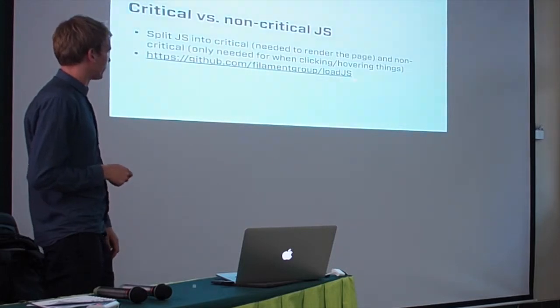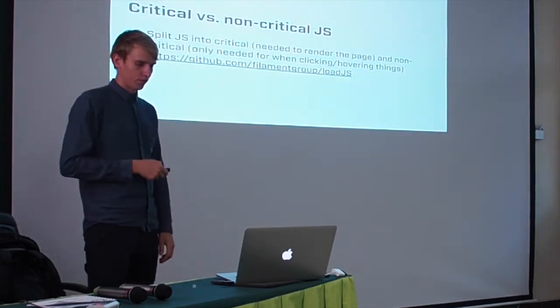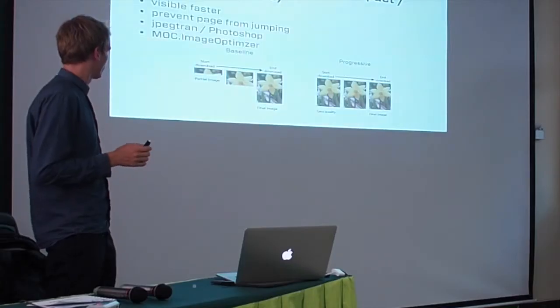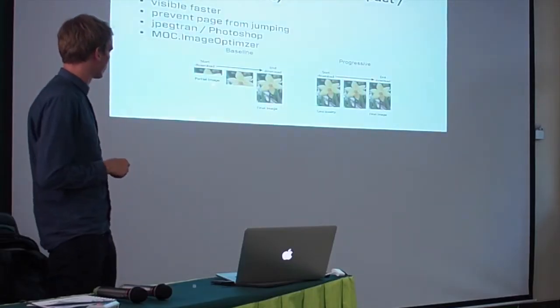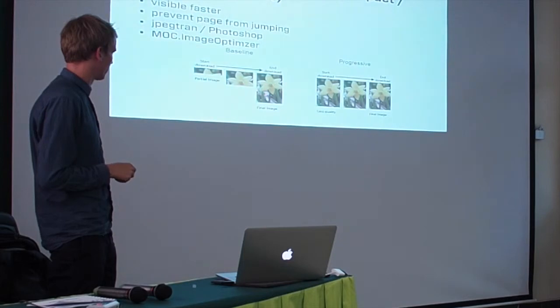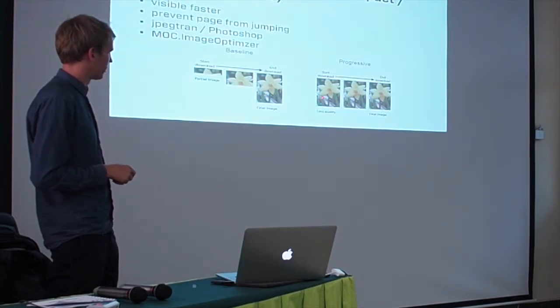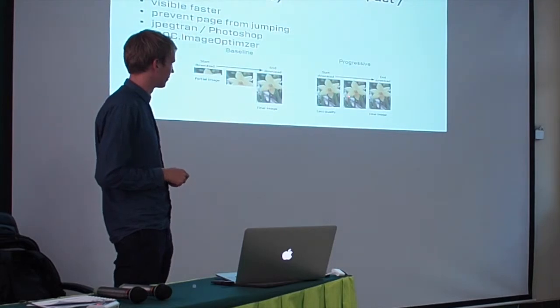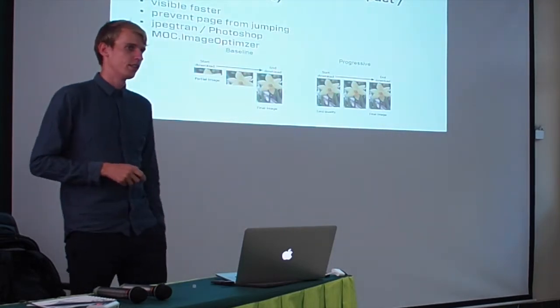This is a great library to do this. It's fairly simple. Then we have something called progressive JPEGs. Basically, this is the default, so you lower it a little bit, it's very hard to see here, but this is like bad quality, medium, and good quality.